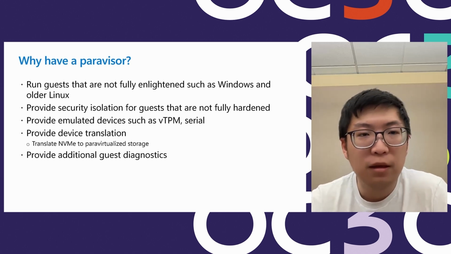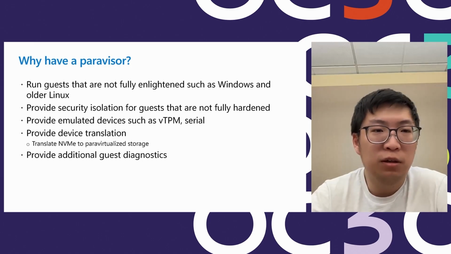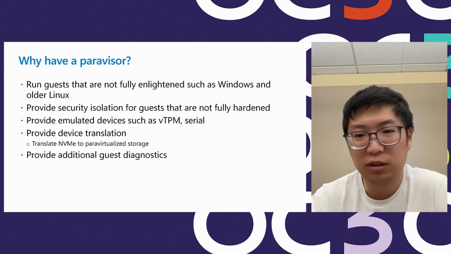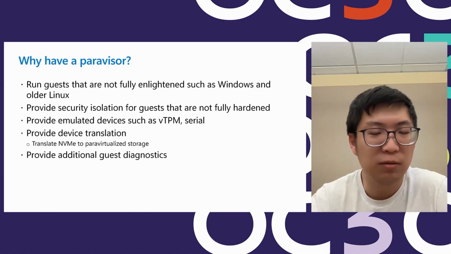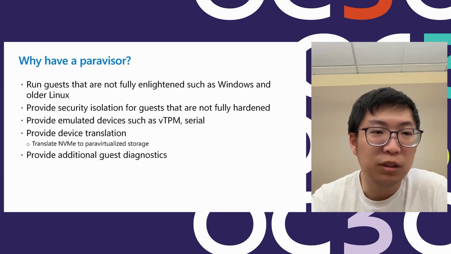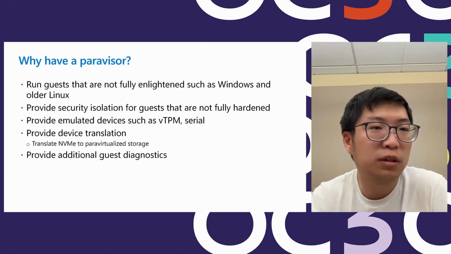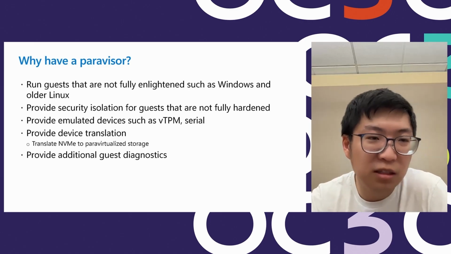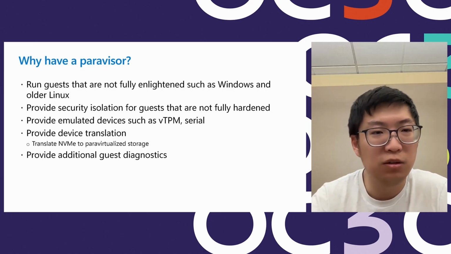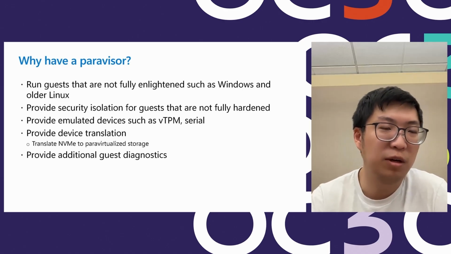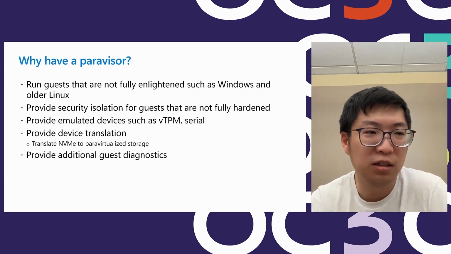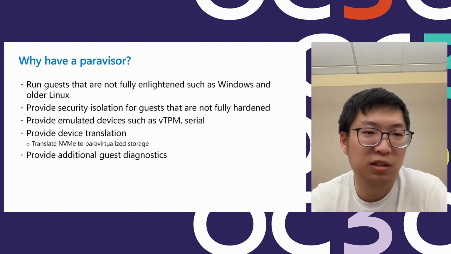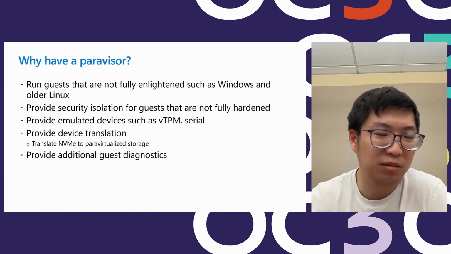We can also use the Paravisor to host other emulated devices, like a virtual TPM, or serial for a console if we don't have some kind of enlightened console. And if I'm running an older guest OS that doesn't understand NVMe, I can translate NVMe storage to some other kind of storage, like paravirtualized storage, in our case VMBus, or even an emulated storage device like IDE.